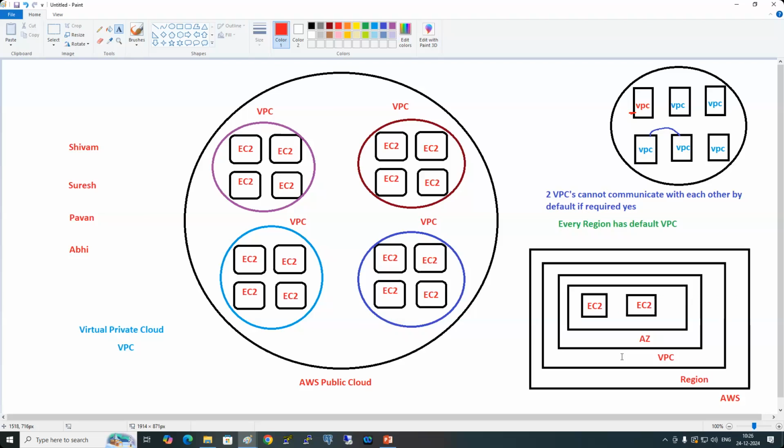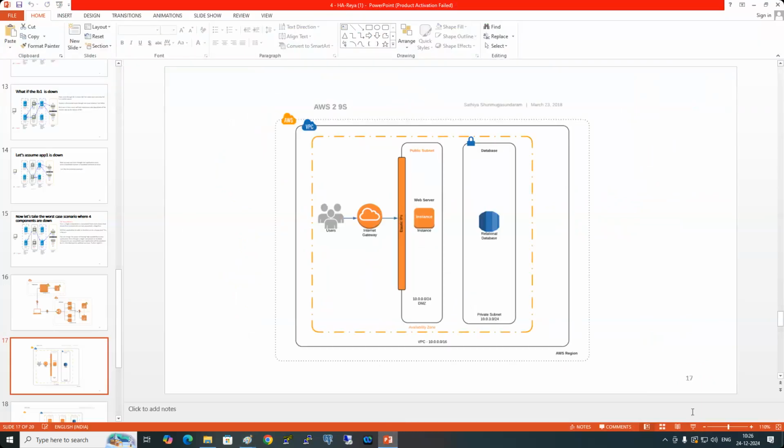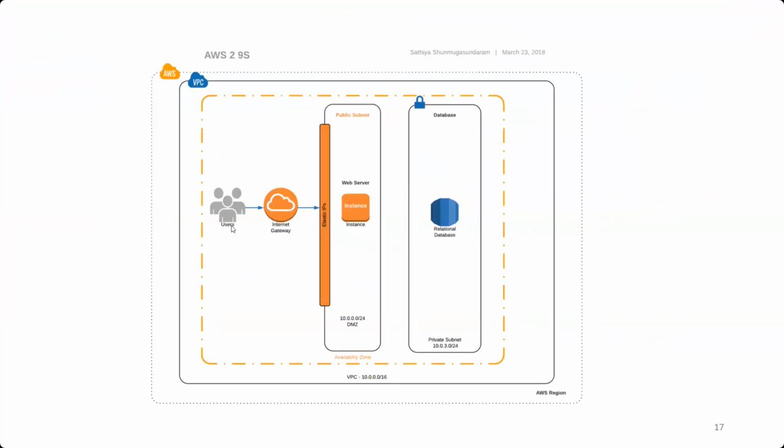Clear? Okay. So now see this diagram and tell me whether it is highly available or not. Do you see the outer layer is AWS? And at the bottom you have what here? Region. Inside the region, VPC. Inside the VPC, availability zone.